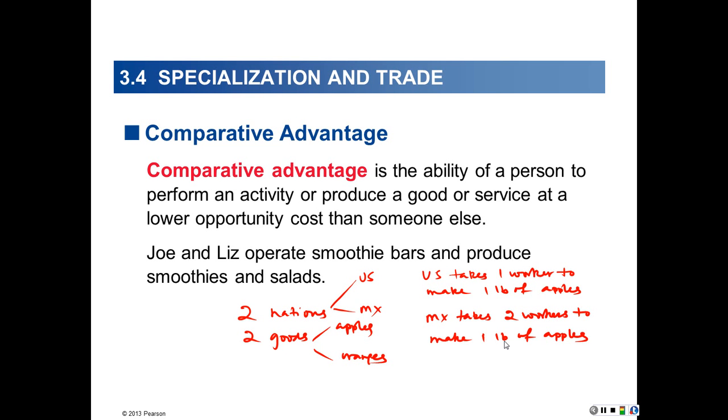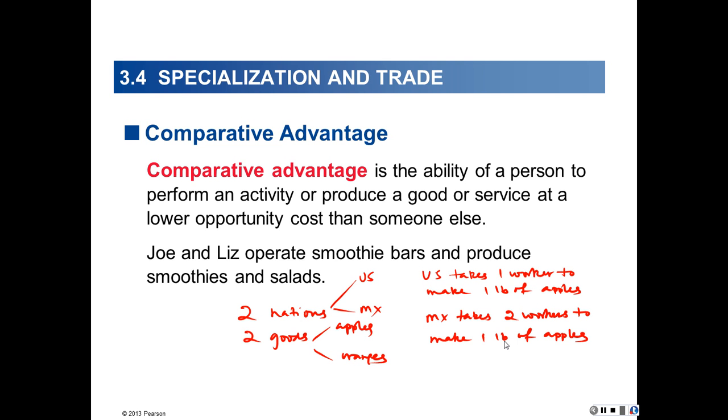Now, when I say better, what do I mean by better? Takes fewer resources, right? Only 1 worker needed in the US, whereas 2 workers needed in Mexico to make the same quantity of apples, 1 pound of apples, that is. Correct?